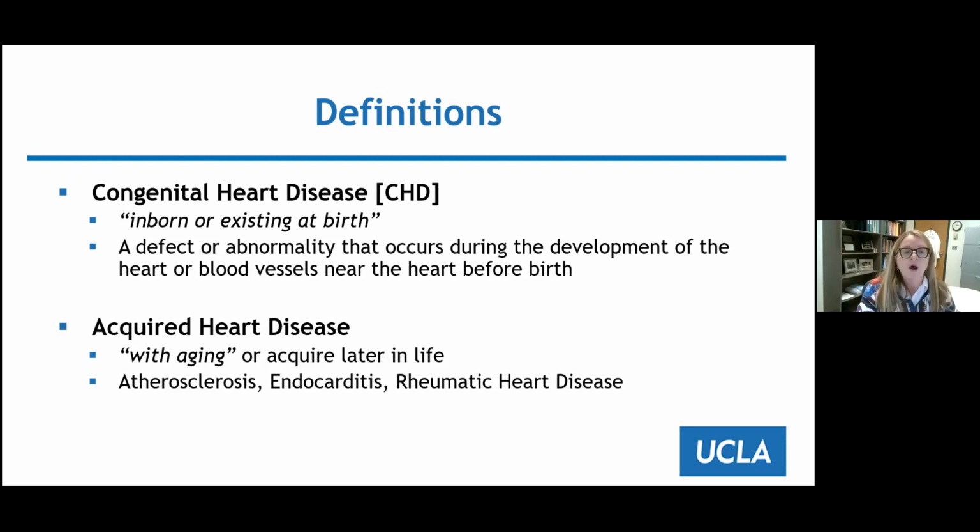And then we have acquired heart disease, which is typically what we get with aging, or it may occur later on in life from an infection, such as rheumatic fever, or Kawasaki's disease, or from endocarditis. So those are some of the potential conditions. Most commonly, we see acquired heart disease associated with atherosclerosis in adults.